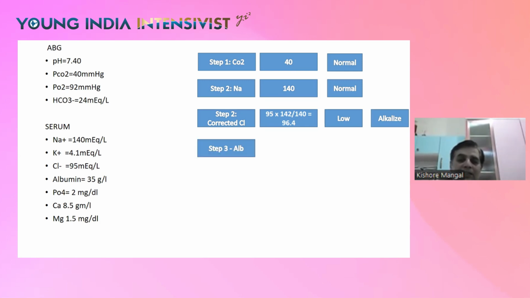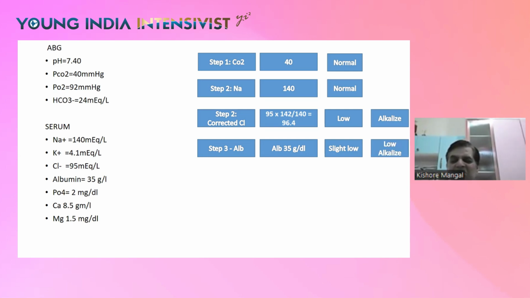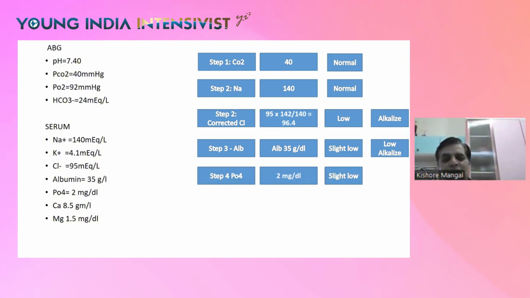The next step is the albumin level. Albumin level is 35. It is only slightly low; normal is around 38. A mild alkalizing effect of hypoalbuminemia is there. Phosphorus level is 2. Again, it is just slightly low, so a mild alkalizing effect is there from the phosphorus.